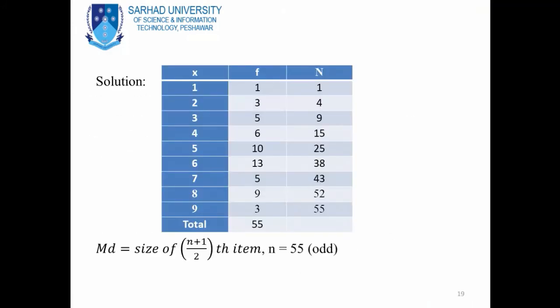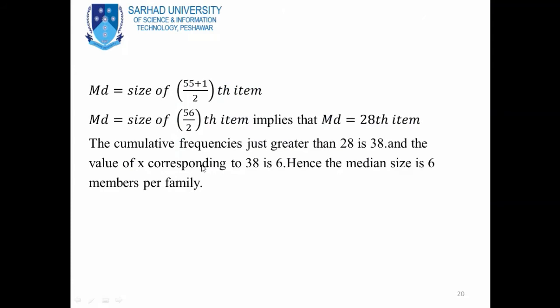So you see over here, at the 28th position, 6 lies. So 6 is actually the median for the data.